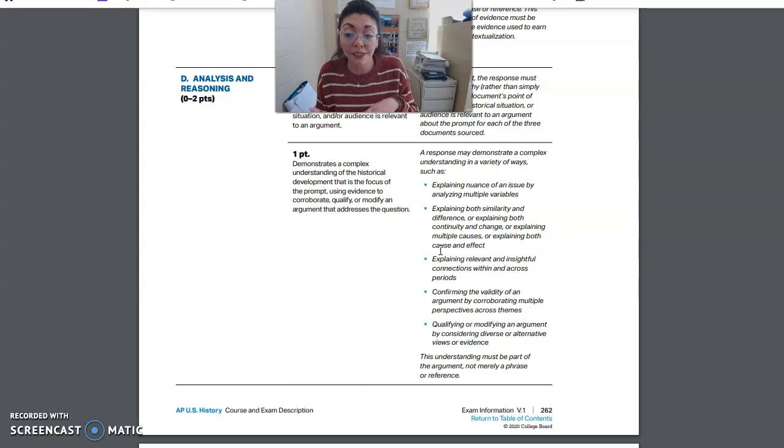But again, continuity and change, multiple causes, explaining both cause and effect. These are different angles that you might come at analysis here in the reasoning portion of your essay that you haven't already done throughout. Explaining relevant and insightful connections within and across periods.